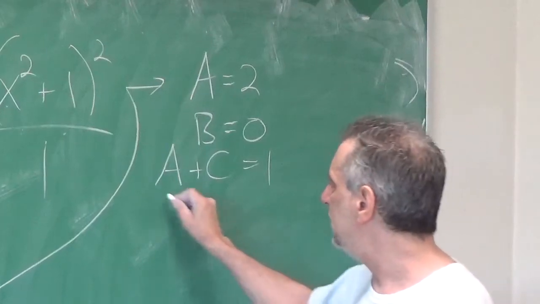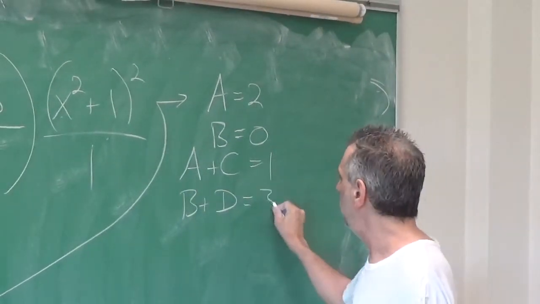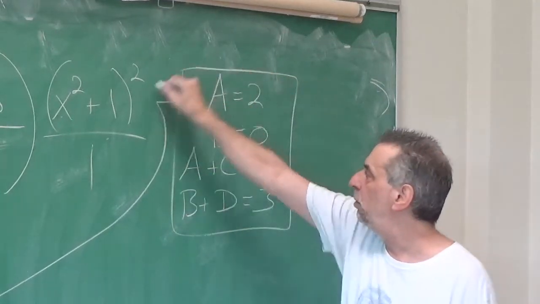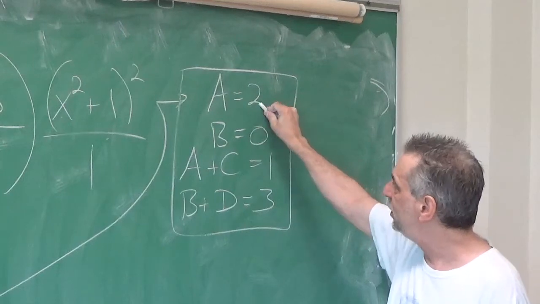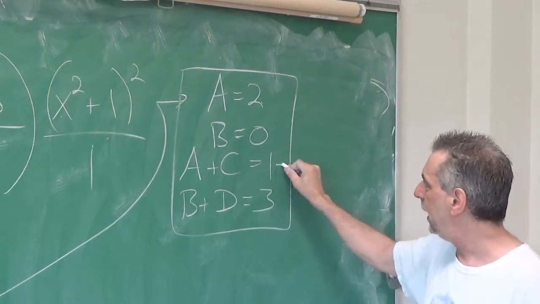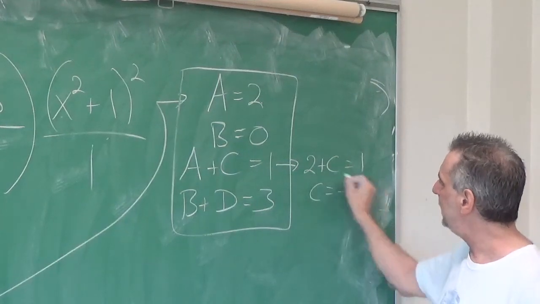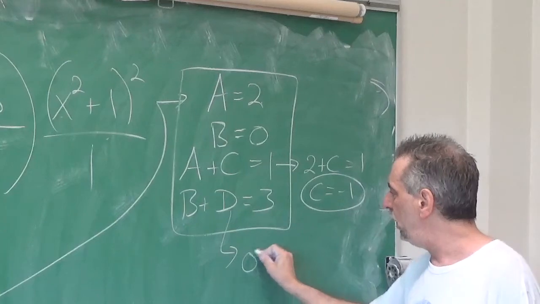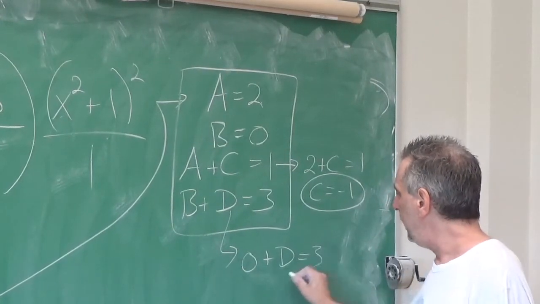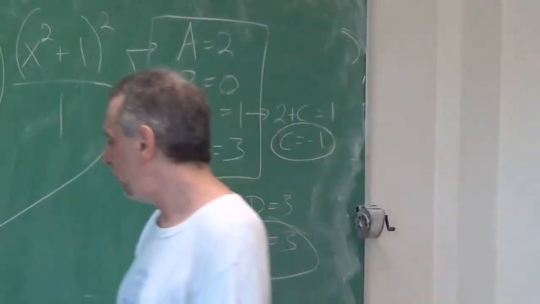And we know b plus d must equal 3. So we got a 4 variable, but notice how simple this is. We already know that a is 2, so we can use that and say 2 plus c equals 1, which means c equals -1. And we already know b is 0, so we know 0 plus d equals 3, which gives us our d of 3.